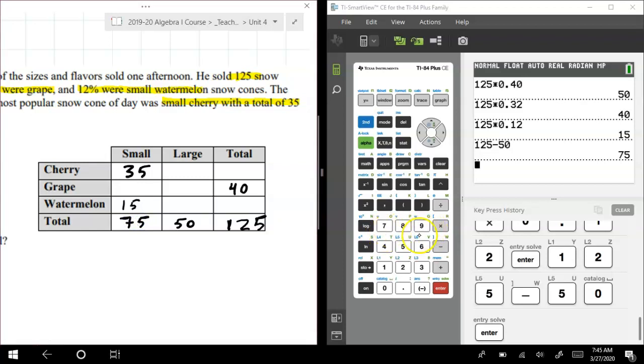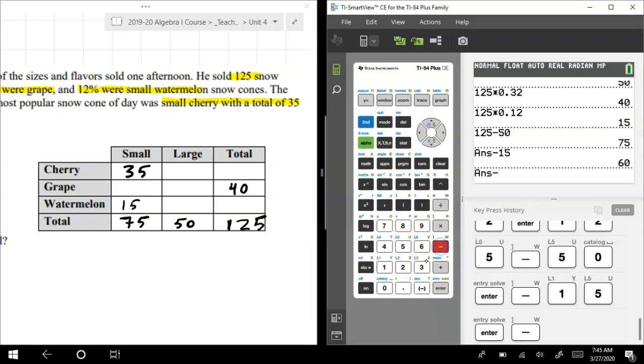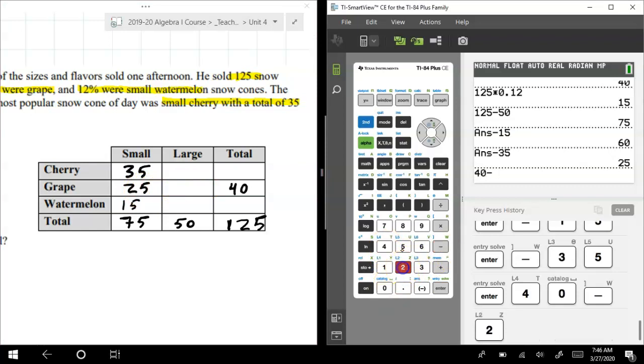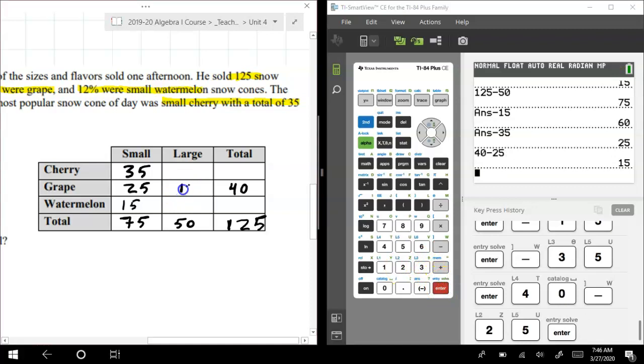If there were 75 total, 15 watermelon and 15 cherry sold, then there were only 25 small grape sold. If there were 25 small grape, then there were 15 large.